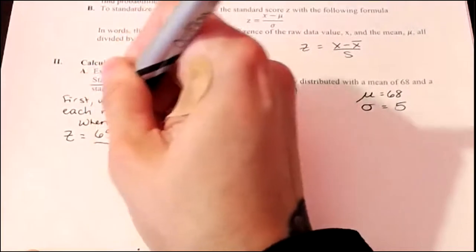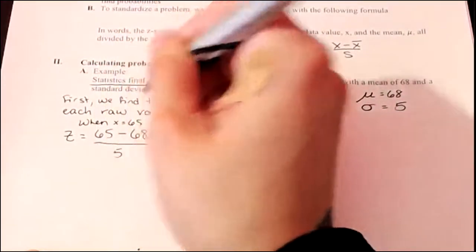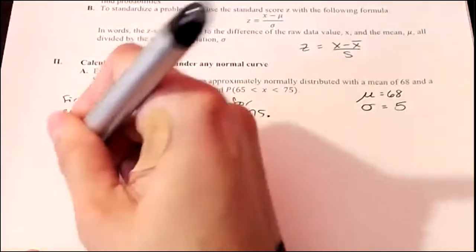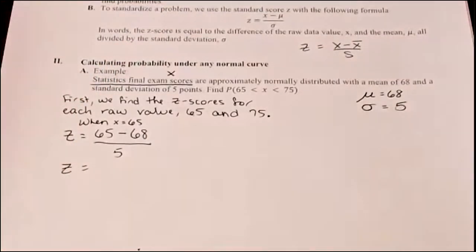So when x, our statistics final exam score, is 65, we see that the z-score is, let's go ahead and punch this in. Remember that when you state the z-score, you want to say it to 2 places after the decimal.